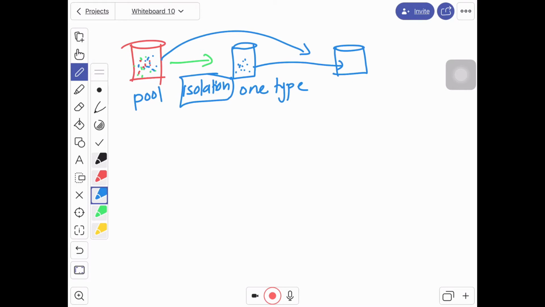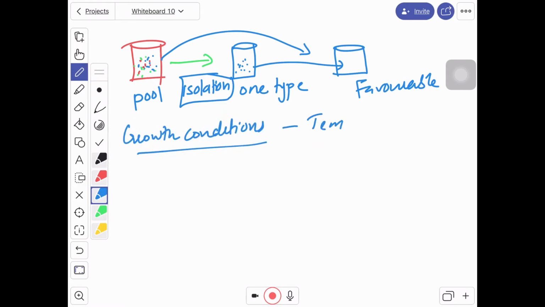We will keep the environment which is only favorable for one microbe, our desired microorganism. This is one strategy. Different microorganisms have different growth conditions. They are temperature, pH, of course the nutrients. They are not the same for all microorganisms.